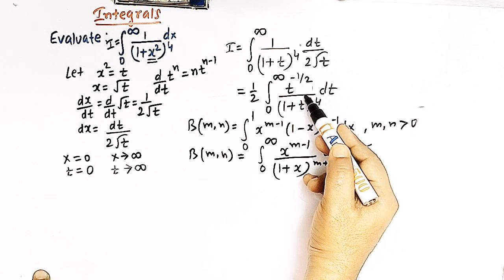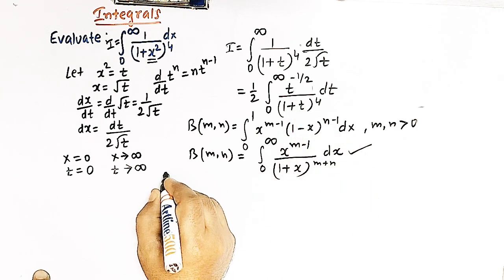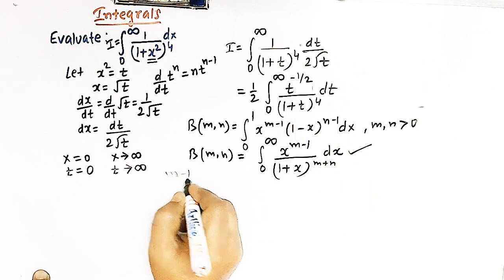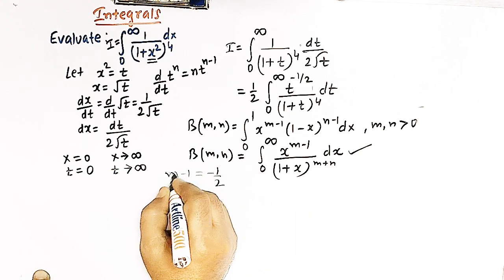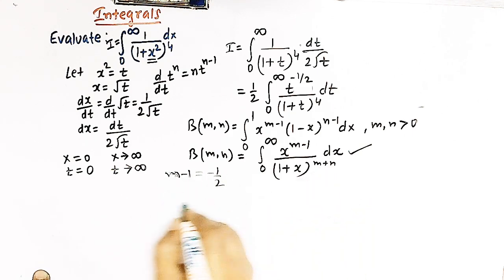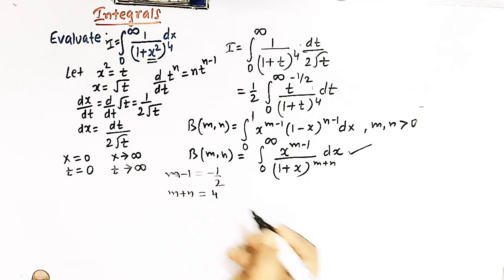So now if we compare this integral with this one, then we can write m minus 1 is equal to minus half, right? And m plus n can be written as 4.